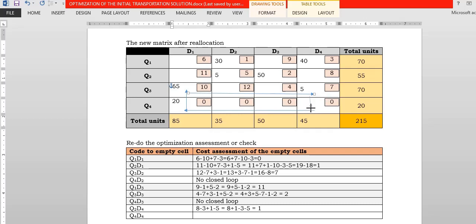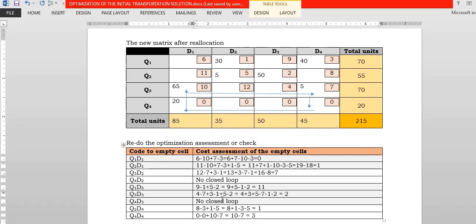That's our closed loop. So from the empty cell we say 0 minus 0, plus 10 minus 7, or 0 minus 7 plus 10 minus 0, whichever the case may be. So this becomes 10 minus 7, which equals 3.